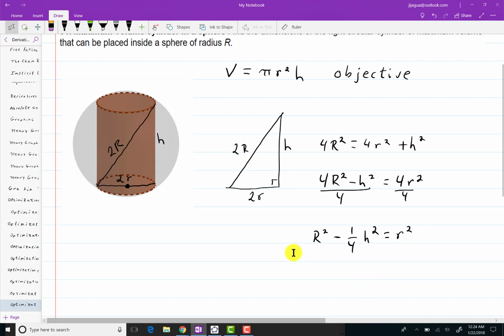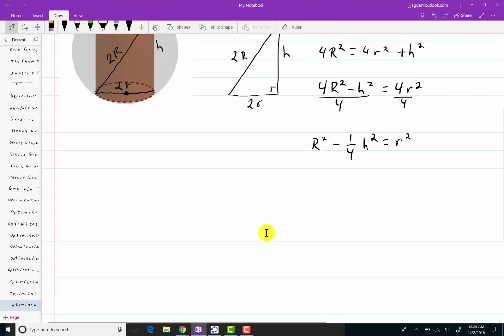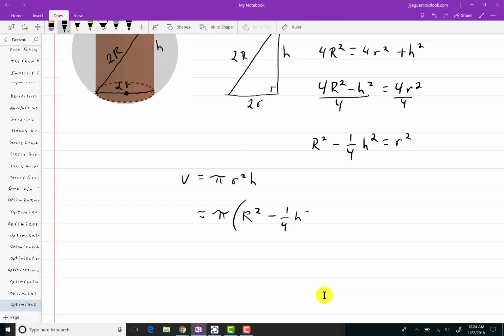And now I can throw that into my volume formula. So V equals pi little r squared h, which equals pi, and in place of little r squared, I'm going to put capital R squared minus 1/4 h squared, and then I have times h.